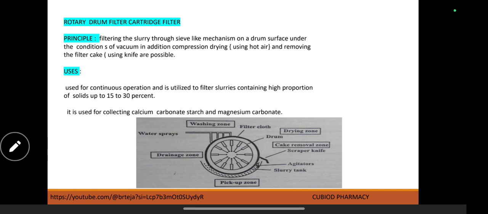Uses: used for continuous operation and to filter slurries containing a high proportion of solids, up to 15 to 30%. It is used for collecting calcium carbonate, starch and magnesium carbonate. This is called rotary drum filter and cartridge filter.